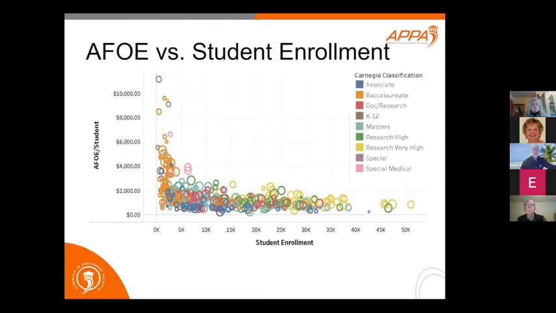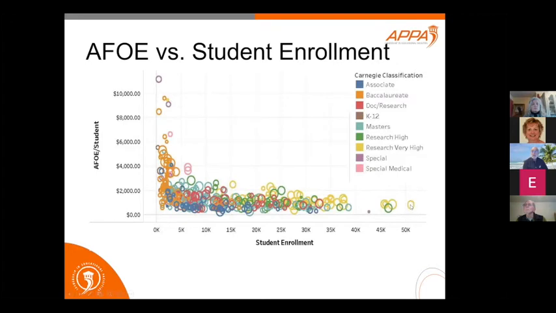So let's say you might want to track something like the annual facilities expenditure versus the student enrollment. Well, what does this really mean? Essentially, if a student is paying tuition, some portion of the student's tuition is going to maintaining the facilities. Well, you've got these institutions out here, very research-intensive and very large institutions with over 50,000 students, and it's pretty cheap.